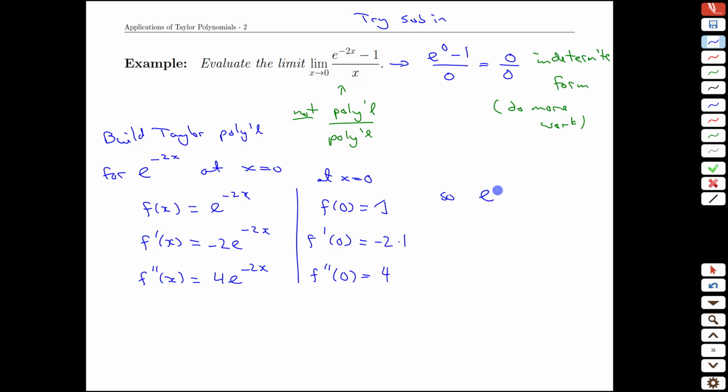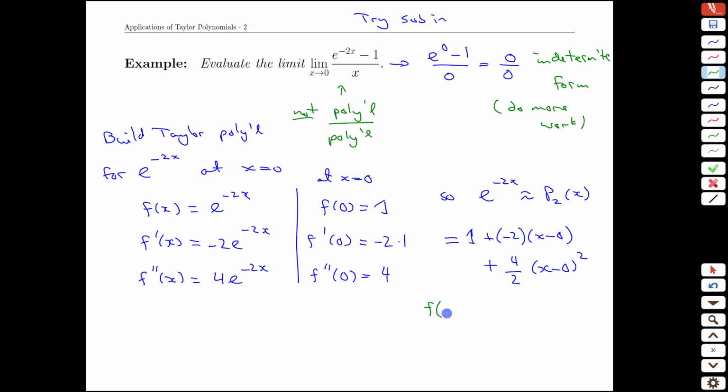Well, it means that e to the negative 2x can be approximated by a polynomial, p2 of x, which is defined by our function, 1, plus the slope, negative 2, times (x minus 0), plus the 4 over 2 times (x minus 0) squared.